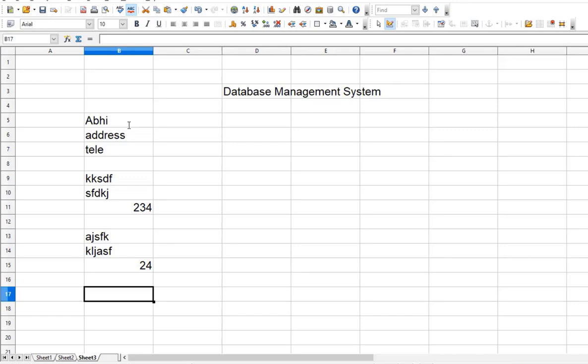The problem is that if you would like to search for one particular friend, you have to go through all the pages. You have to start from the first page. You cannot directly go to that friend's name, even if the name starts with A, because in the manual diary, you cannot arrange entries in alphabetical order or any other order.